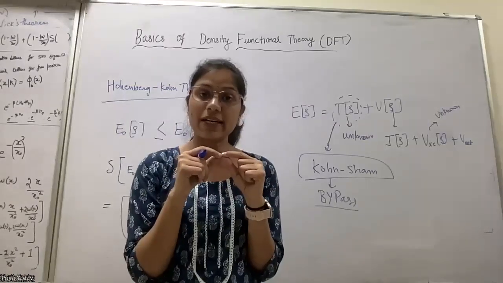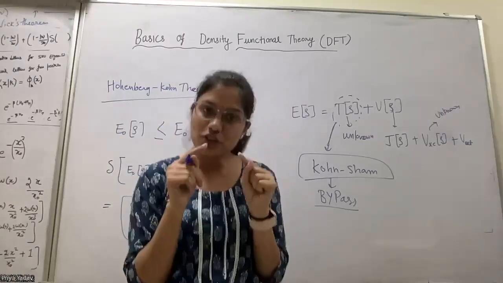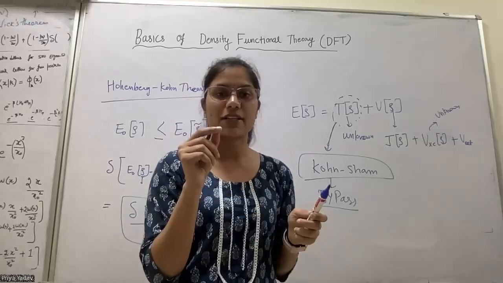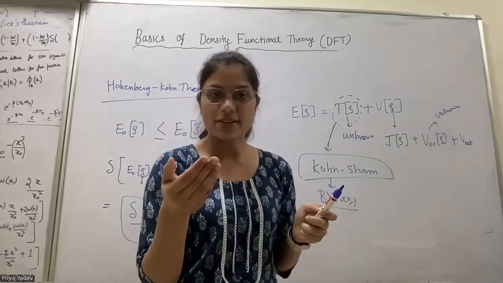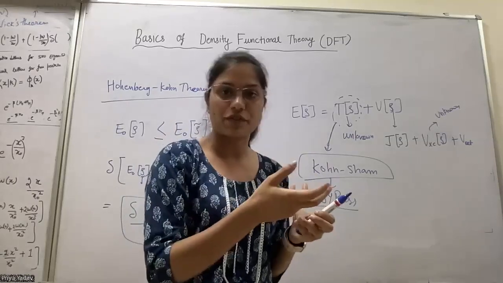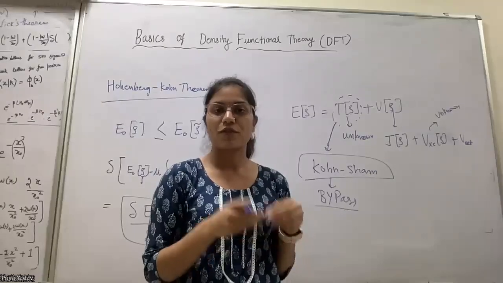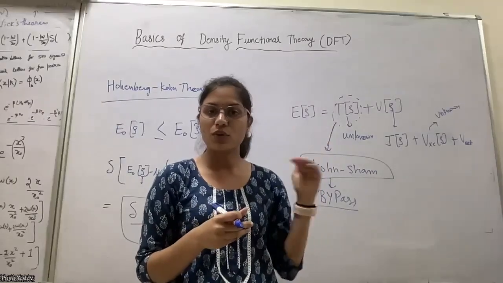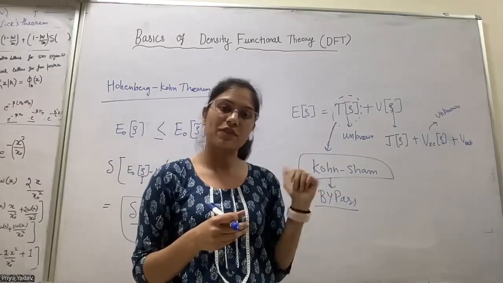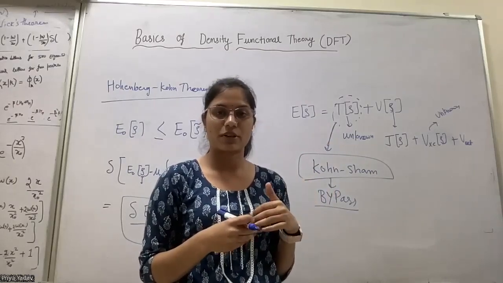Like I say that f is a function of x, so I have to write something as a function of x. I don't need to know what x is exactly. Like that, you have to write it in a functional form of rho. Then you do variational minimization, and then you can find the electron density.